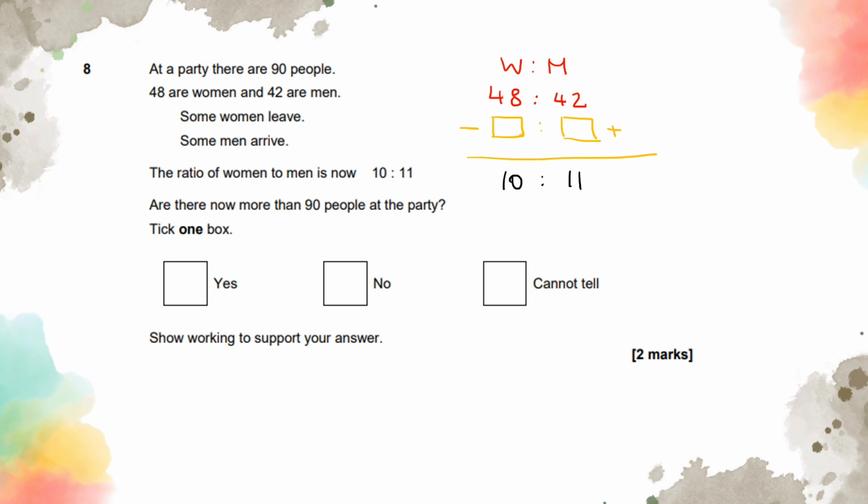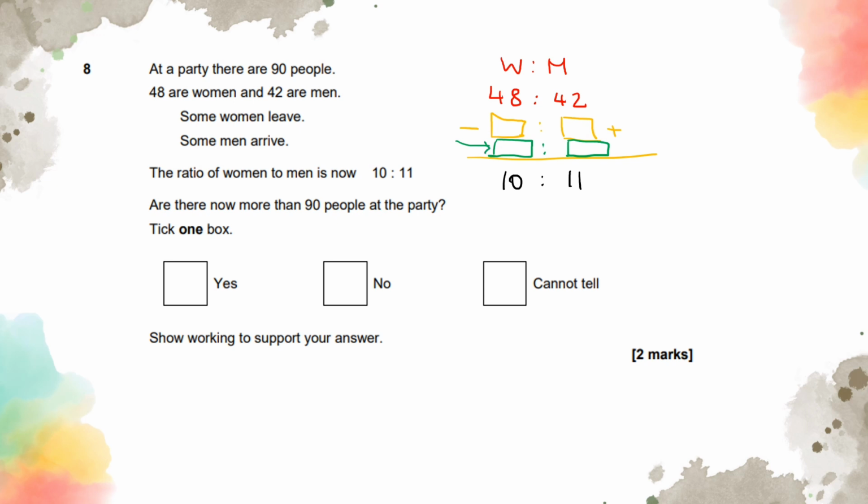This is an indication that this number here, when we take it away and end up with the new ratio, has to be divisible by 10 for it to be able to simplify it. Okay? So the new number that I'm going to be looking at, this is the new number, and this is the new number for this one.